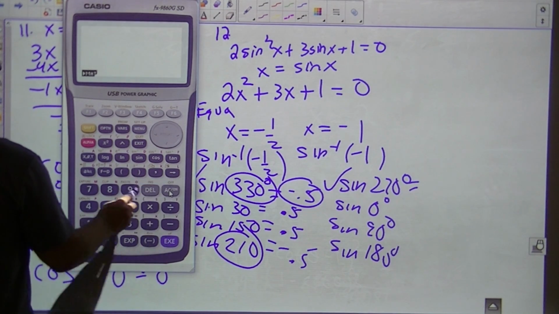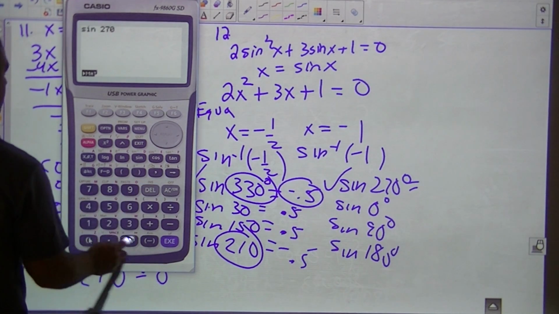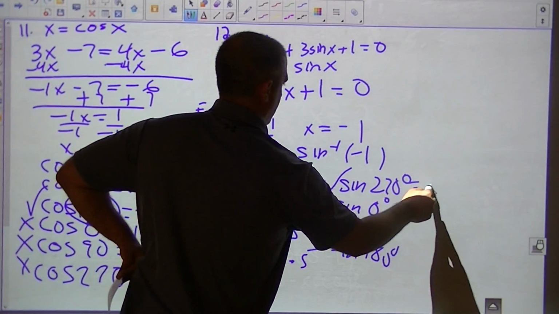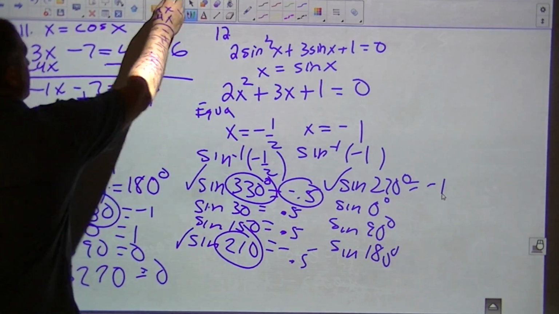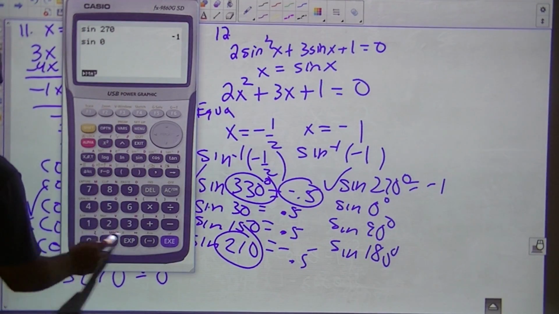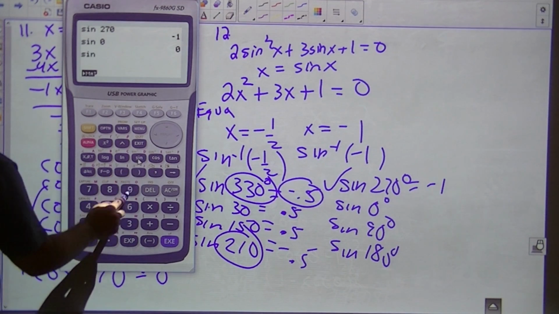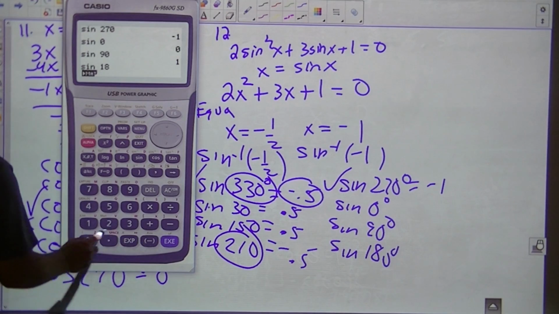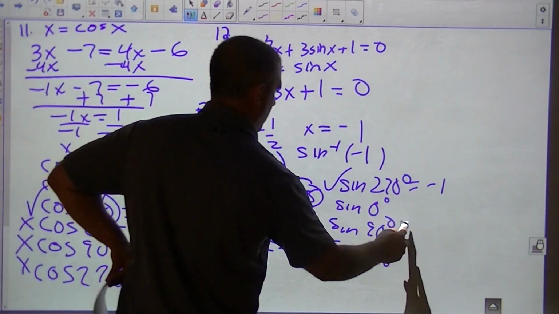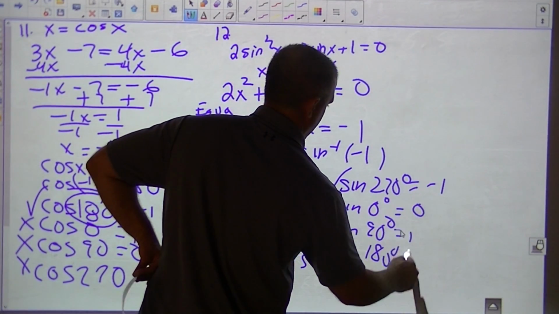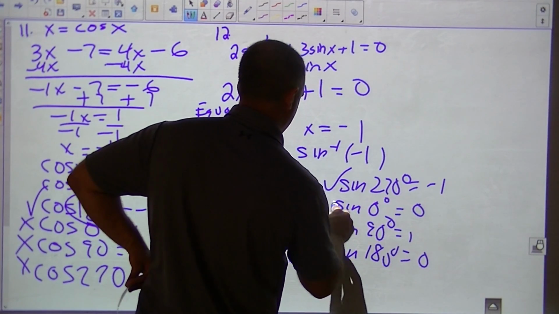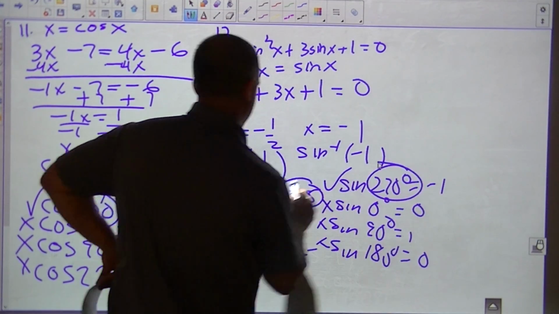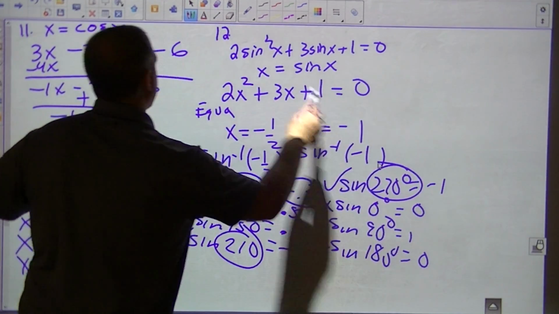Okay, sine of 270 is negative 1. So I'm looking for all those that match. Sine of 0 is 0, sine of 90 is 1, sine of 180 is 0. So 0, 1, and 0. Well, none of those work. So what's my answers? 330, 210, 270.